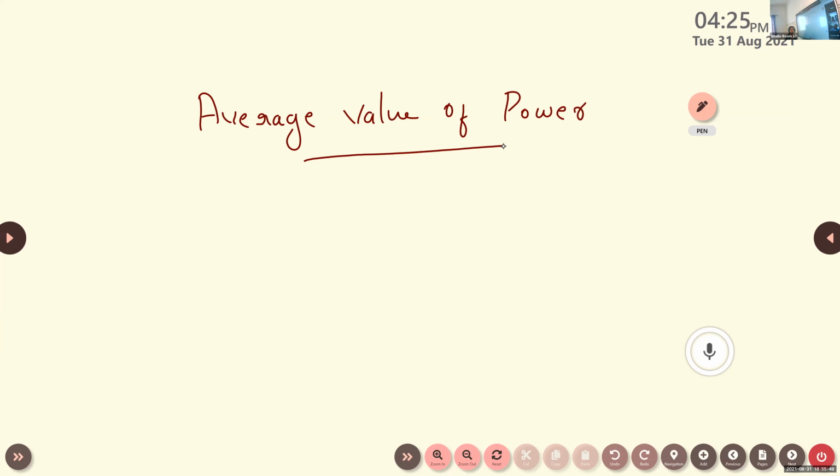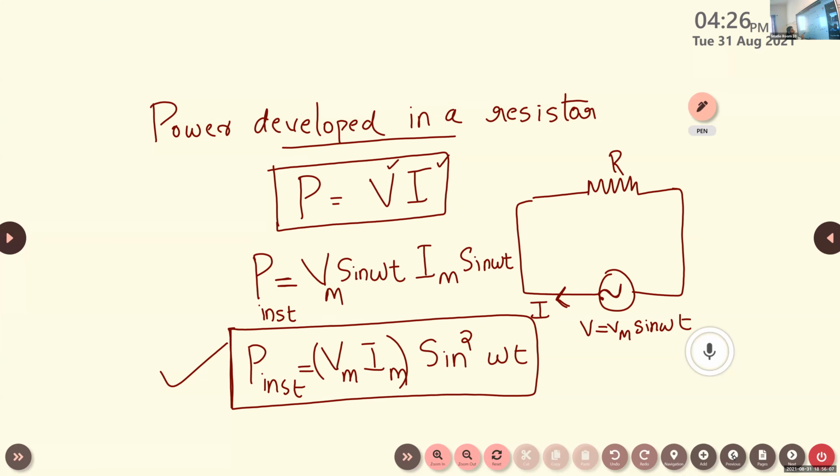Average value of power is represented by P bar. Put a bar over P. Average value of power is given by P bar is equal to Vm into Im.